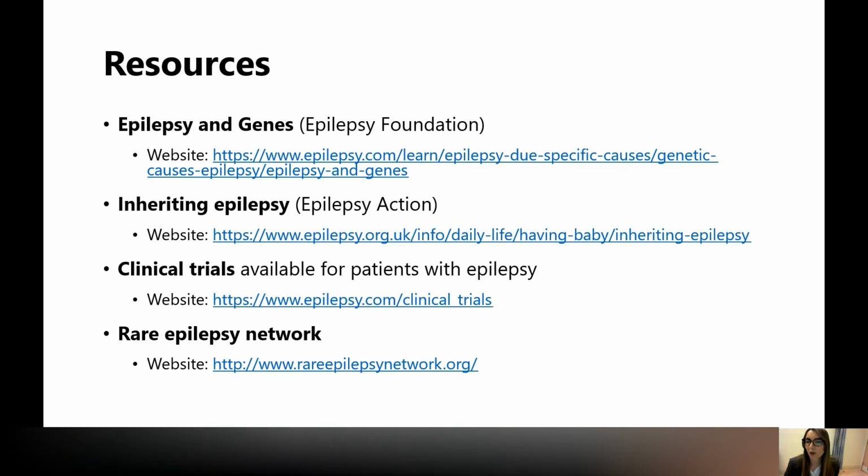I would also like to point out that this website, the third one, for clinical trials, has all the clinical trials for patients with epilepsy, and some of them would involve gene therapy, for example. And also the Rare Epilepsy Network, where groups of families and patients with rare diseases such as some genetic epilepsies might be able to connect with each other and learn more about their diseases.